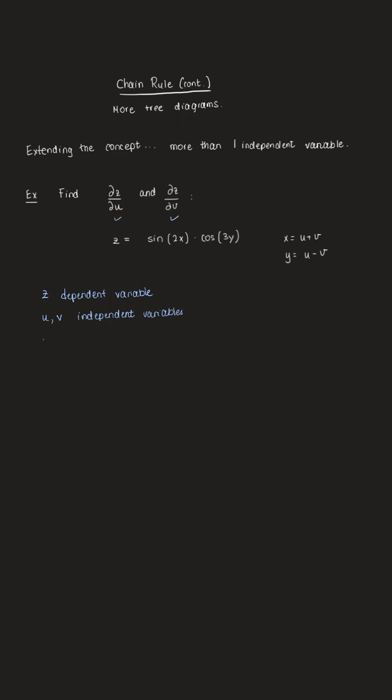And of course here also x and y are our intermediate variables. So once again, the reason that we're being asked to find these partial derivatives is because now we have two independent variables.